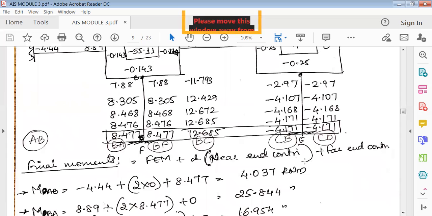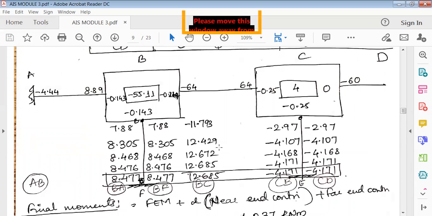Once you calculate these values, the main important thing is how to write down these values. You can see here, this is the fixed end moment. For BA, write it in this portion, left side of BA.